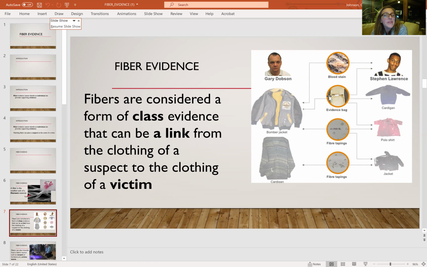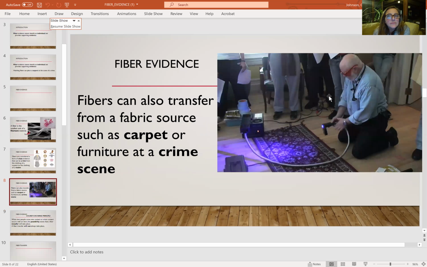So that would be more than class evidence. That would be individual, but that blood stain would be in the fiber. Next one here, fibers can also transfer from a fabric source, such as a carpet or furniture at a crime scene. This guy's using a black light.